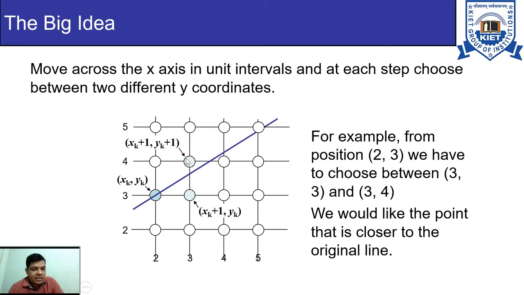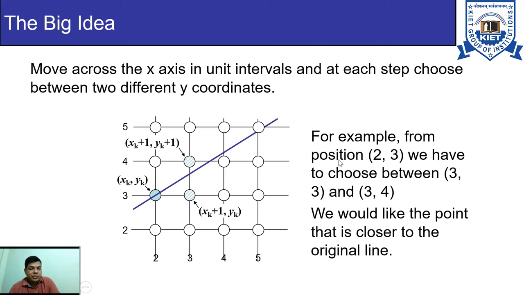So in this algorithm we have to choose one pixel from these two options, and we will choose the pixel which is nearer to the true path line. From this diagram we can see that the pixel at xk plus 1 comma yk plus 1 is much nearer in comparison to xk plus 1 comma yk.